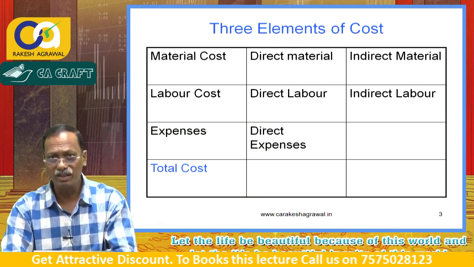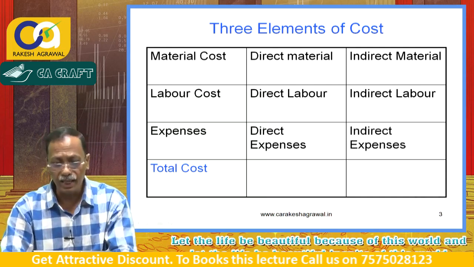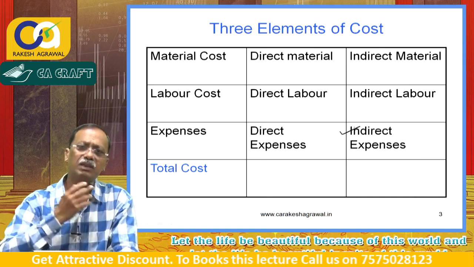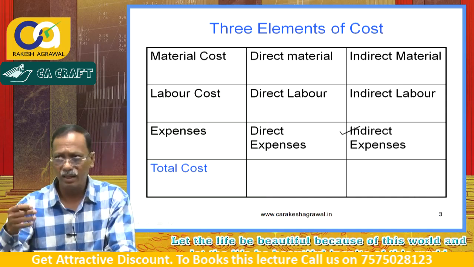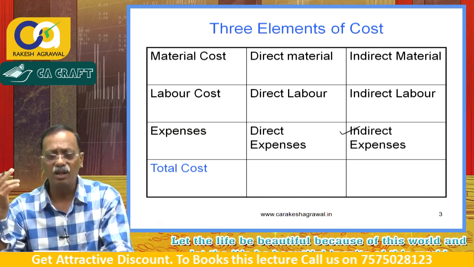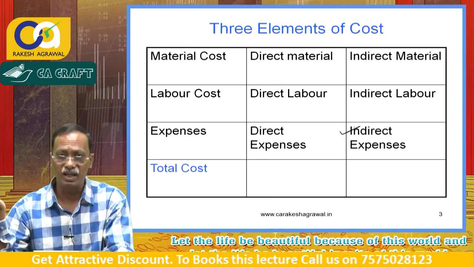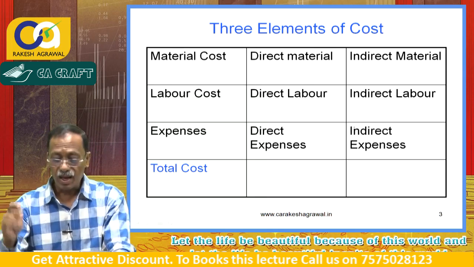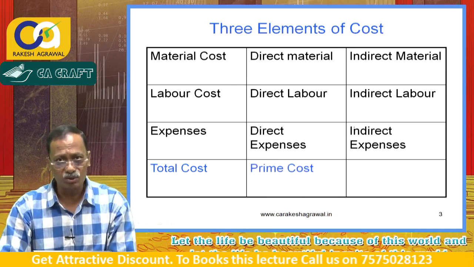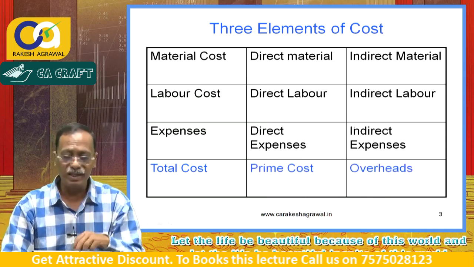If it cannot be conveniently established, then it will be called indirect expenses. And indirect expenses are many, like rent, depreciation, electricity and so on. There are n number of indirect expenses. And that is how all direct cost together is called prime cost and all indirect cost together is called overheads.